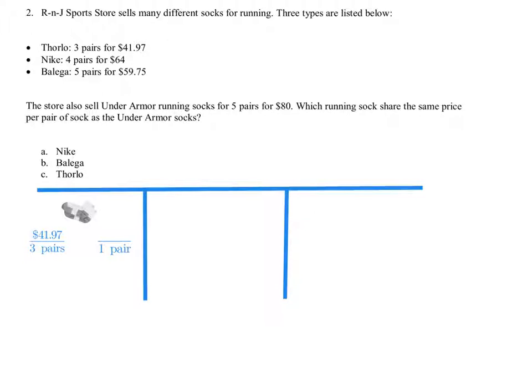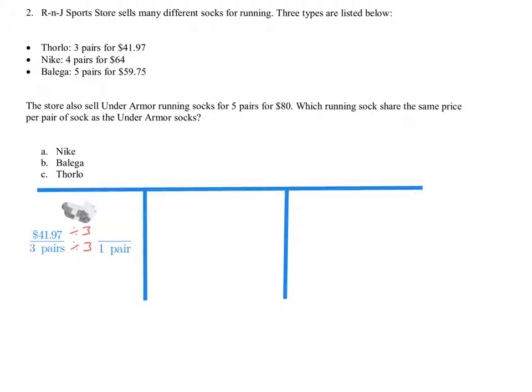And our job is to figure out what to divide by the top and the bottom so we can get our unit rate. So in this example, I need to go from 3 to 1. So I'm going to divide by 3 on the bottom, and I'm going to divide by 3 on the top.